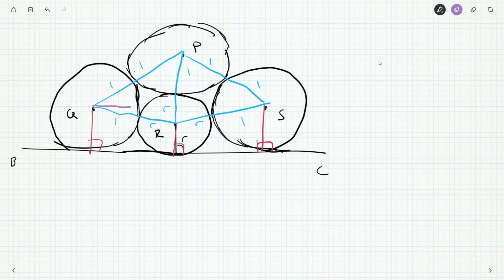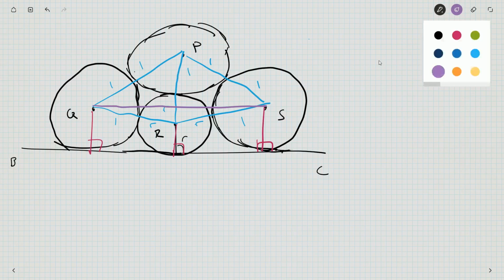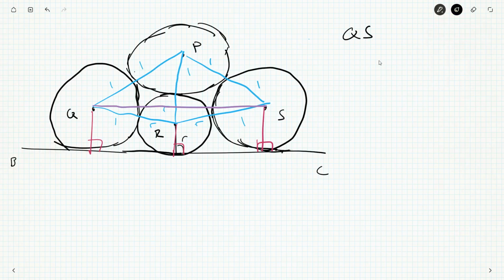I feel drawn to drawing out QS just because I know it's parallel. And I'll even say QS is still, by the exact same logic that we had before, parallel to BC. It's just R isn't necessarily on it. Okay.